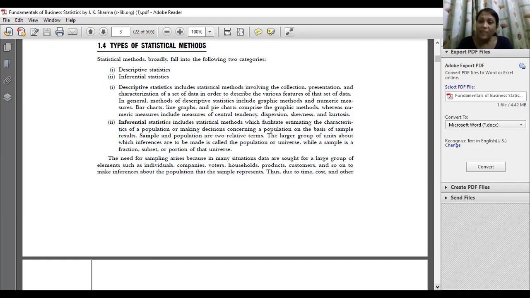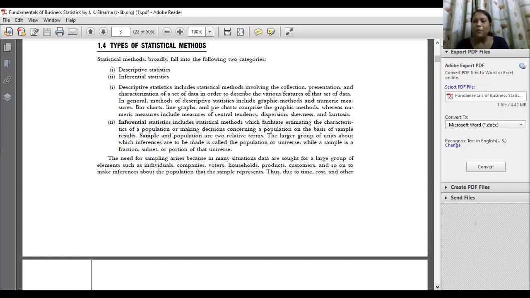So that handful of rice can be called a sample, and the total sack of rice can be called the population, right? I repeat, that handful of rice can be called a sample, and the total sack of rice can be called the population. So sample and population are two relative terms. Obviously, the handful of rice has been taken from that sack of rice, right?